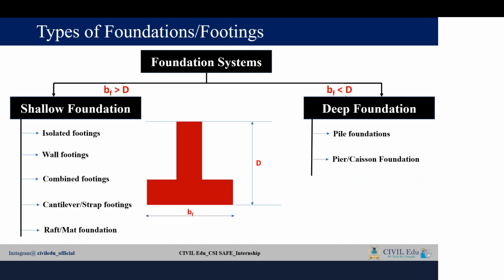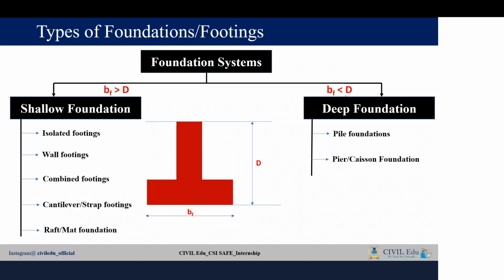So this is the broad classification of the types of foundations. In deep foundations, we also have well foundations and a couple of others, but we don't need to focus on them. Let us just have it at the top level. Pile foundations and pier foundations are the two major subcategories of deep foundations.